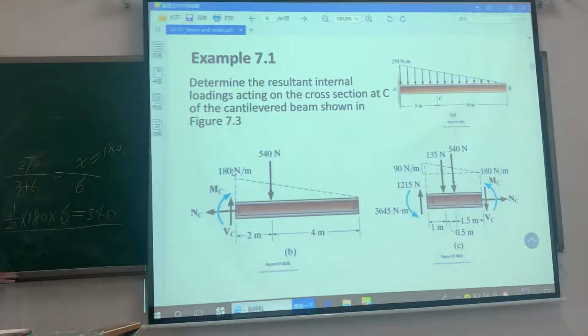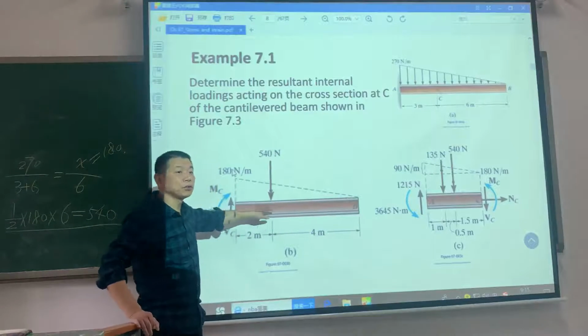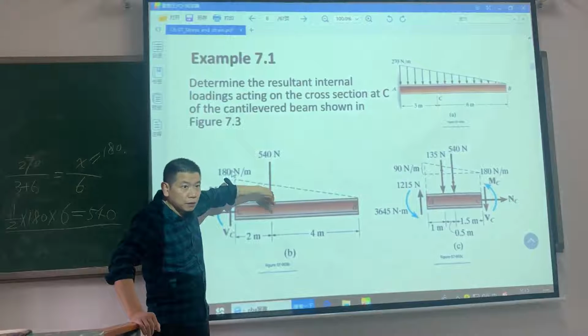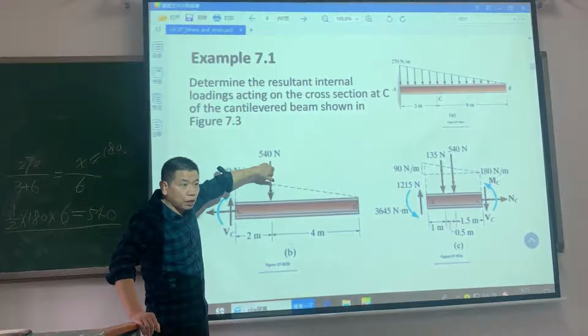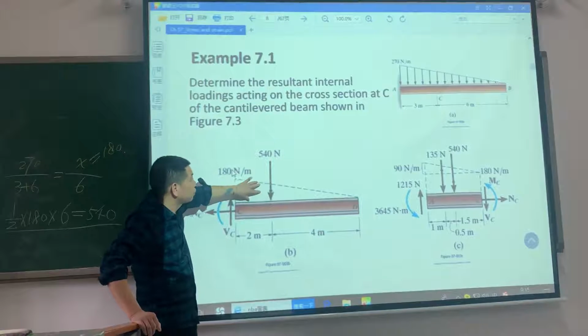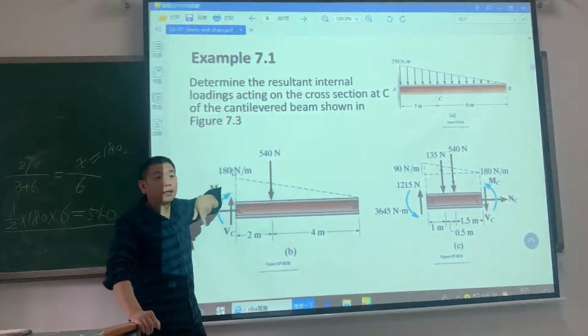The area of the triangle replaces the distributed force by a concentrated force. The magnitude of the concentrated force is the area of the triangle.